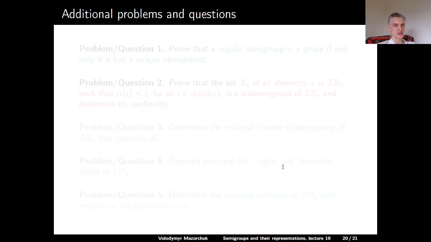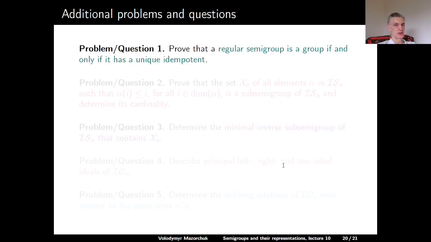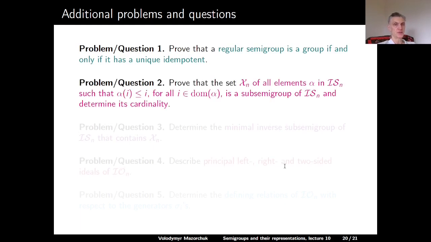Some problems and questions at the end. Question 1. Prove that a regular semigroup is a group if and only if it has a unique idempotent. Question 2. Prove that the set Xn of all elements alpha in ISn such that alpha of i is less than or equal to i for all i in the domain of alpha is a sub-semigroup of ISn and determine its cardinality.